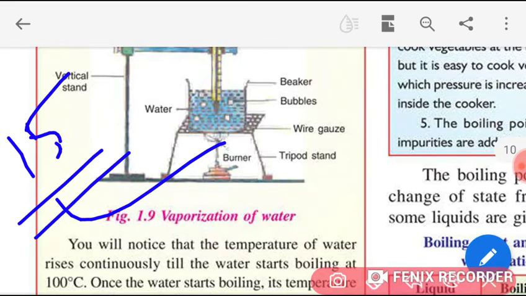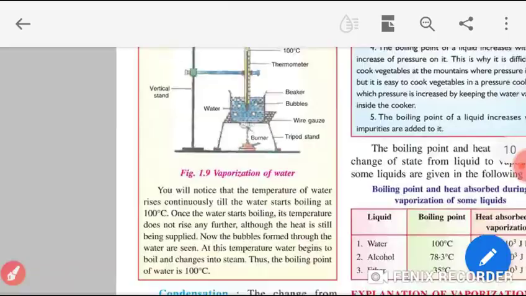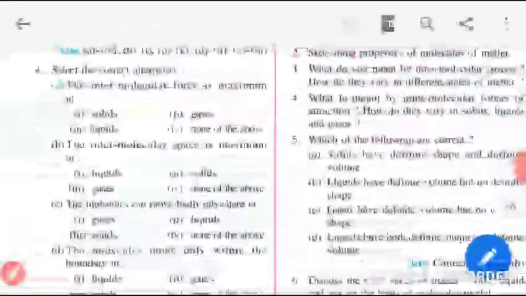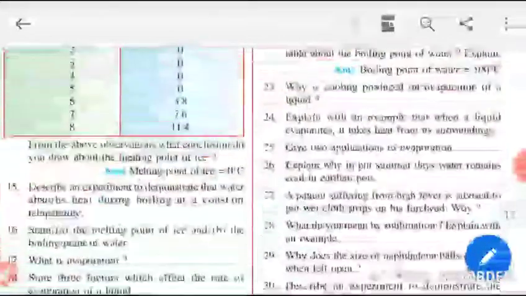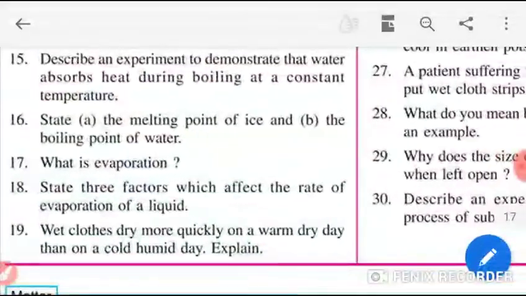Okay, students. Now let's come back to question number 16. State the melting point of ice and the boiling point of water. Students, write this first answer.